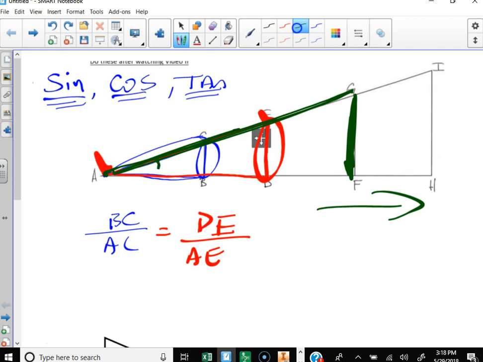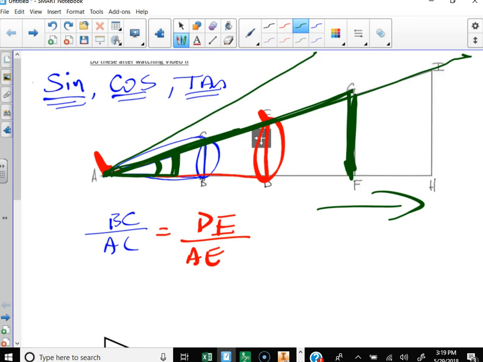All that matters is how big this angle is. If you want to change this ratio, this side to this side, then making it a bigger angle would change that ratio. But just making the whole triangle bigger or smaller is not going to make a difference.